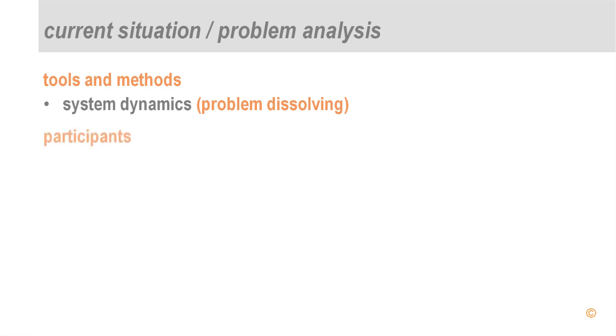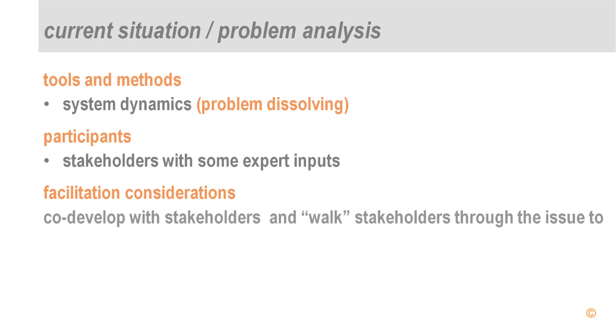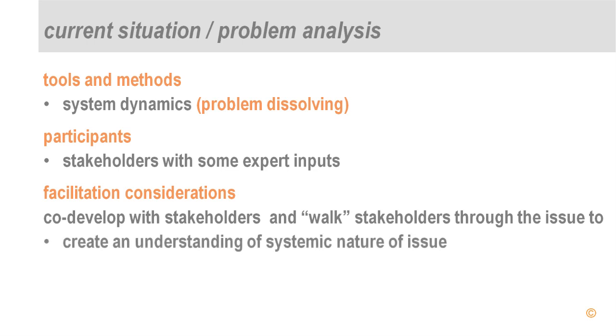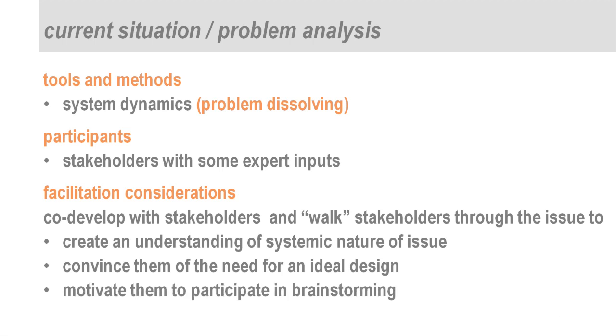It can, however, be very useful if the stakeholders participate in drawing up a systems dynamics model, because they will understand the problem nature of the situation. They can walk through the change in the model and realize how complex moving and shifting the problem actually is. They will then most likely get motivated to participate in an ideal design situation.